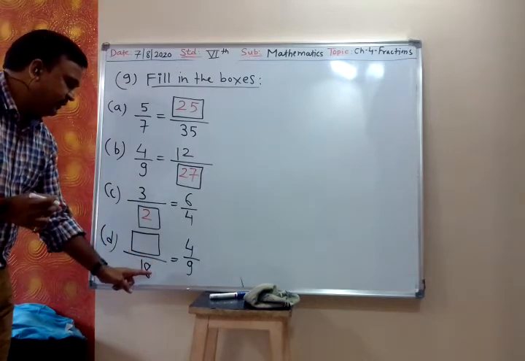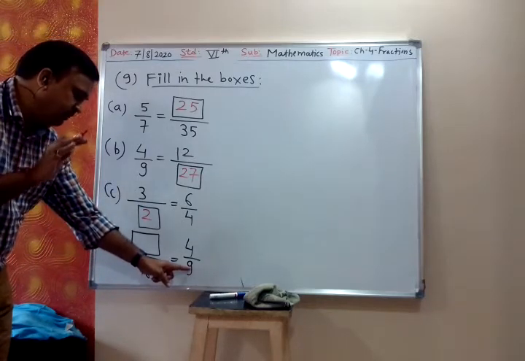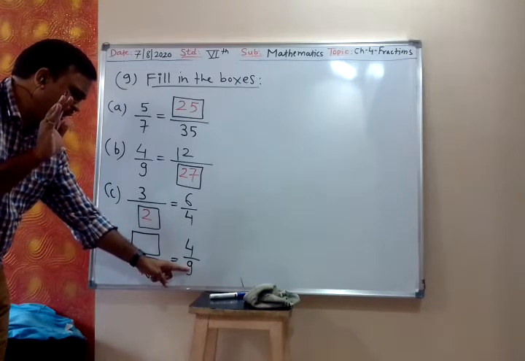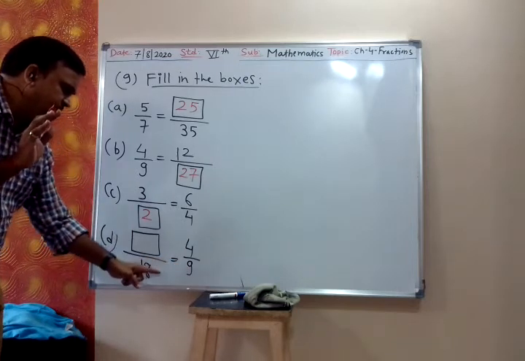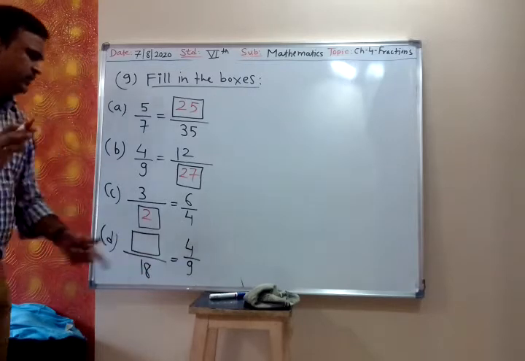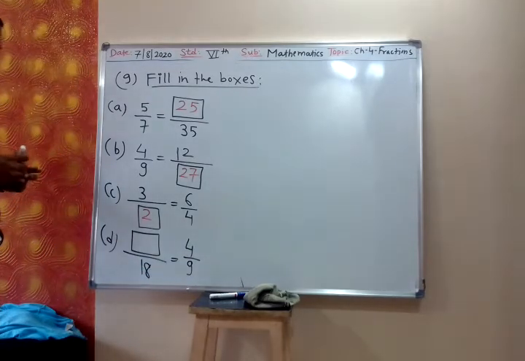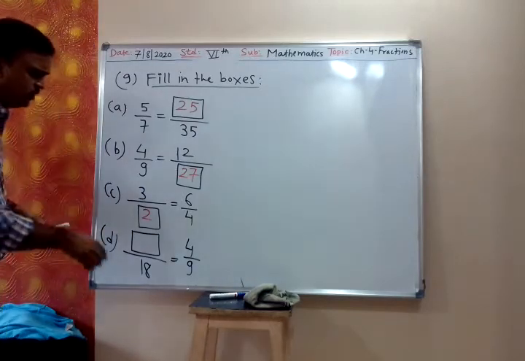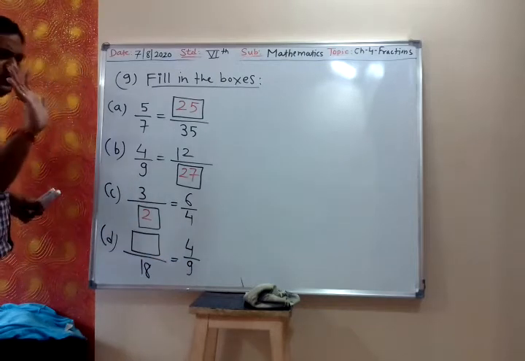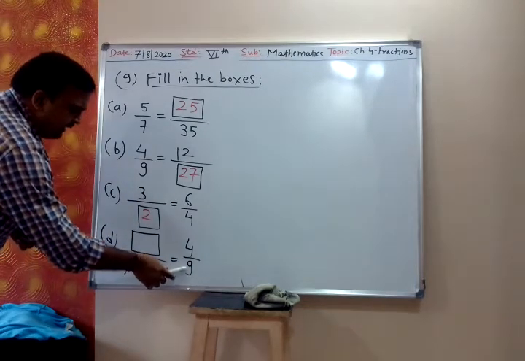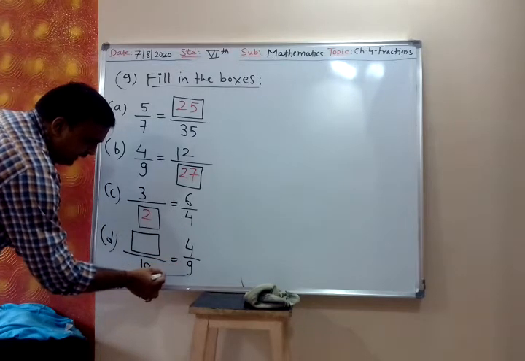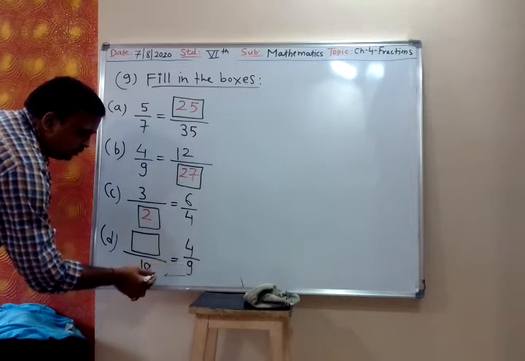Then 9 becomes 18. 9 becomes 18 means I have multiplied 9 by 2.